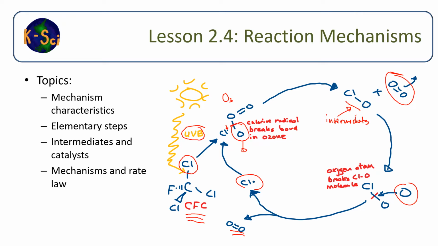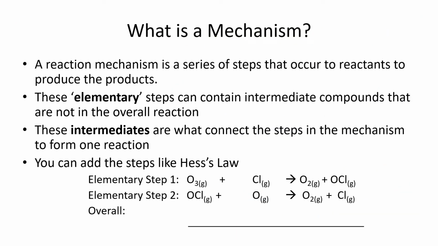Okay, so let's learn a little more about that. A mechanism is basically a series of chemical steps that you can add together, kind of like you did with Hess's law. You can add up the steps of a mechanism to get the overall reaction. These steps, or elementary steps as they're sometimes called, are always going to include some intermediates.